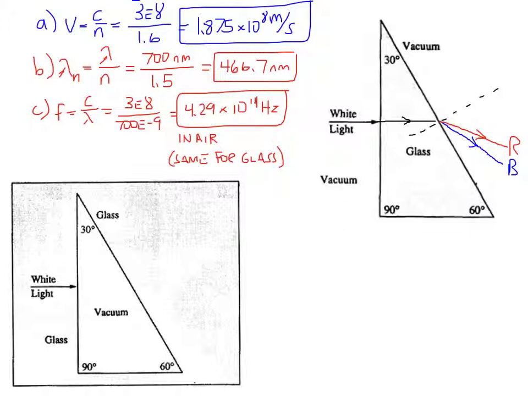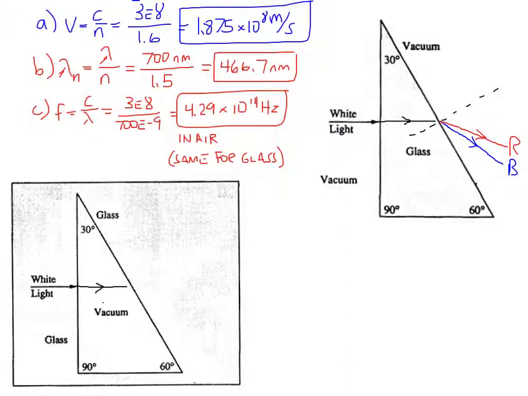In part E, we change things up a little bit because this time the light originates in the glass, it passes into this triangular wedge of vacuum, and then it comes back out into this glass area. So the initial part of the light, as it goes through, because it's perpendicular, it stays going horizontal.